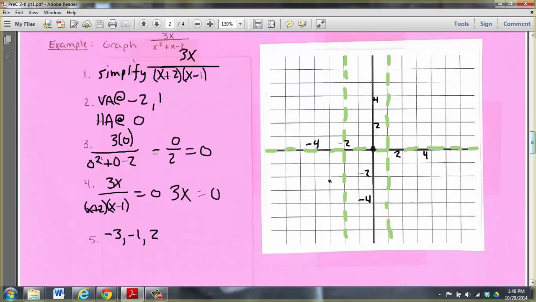Alright, so testing -1 gives me -3 in the numerator and 1 minus 1 minus 2, so I get -3 over -2, which is 3/2 or 1.5. So I have another point right here.